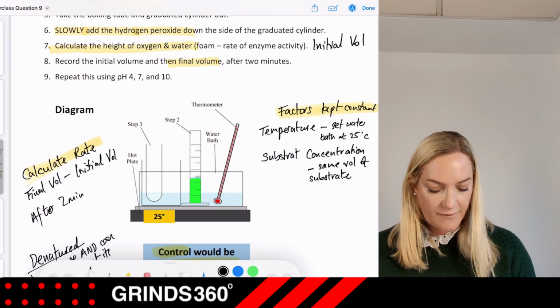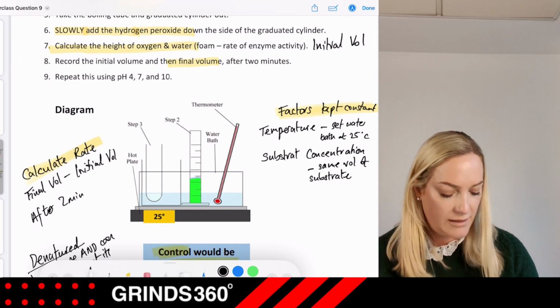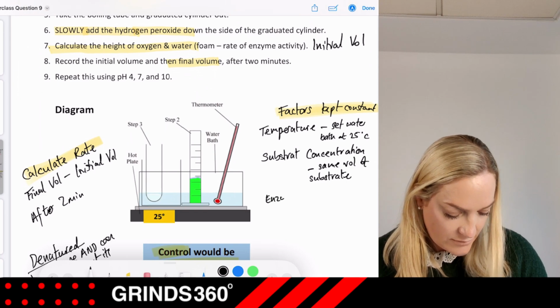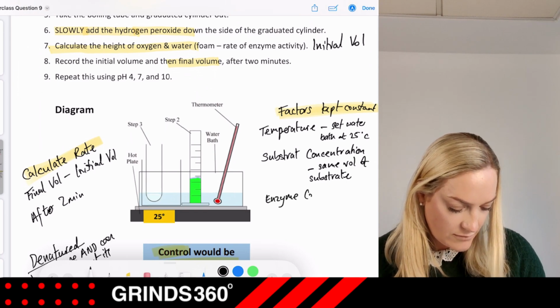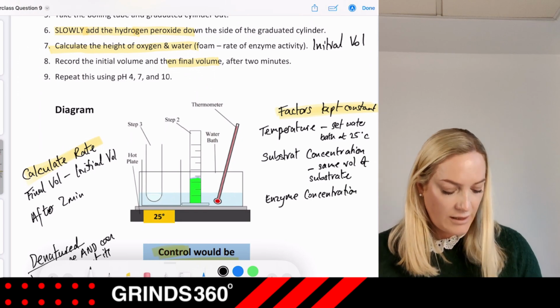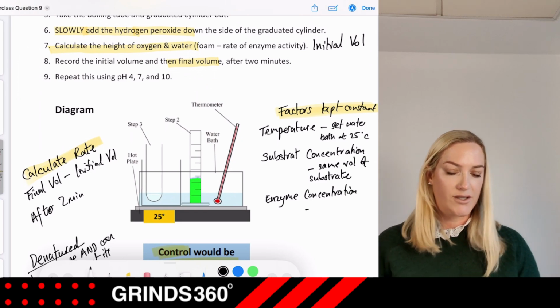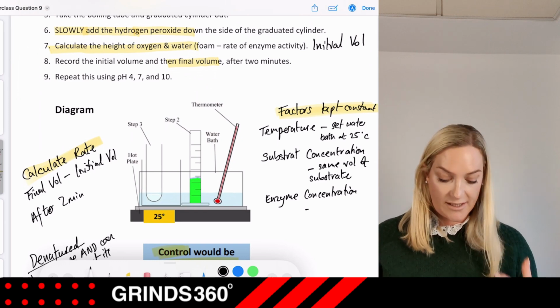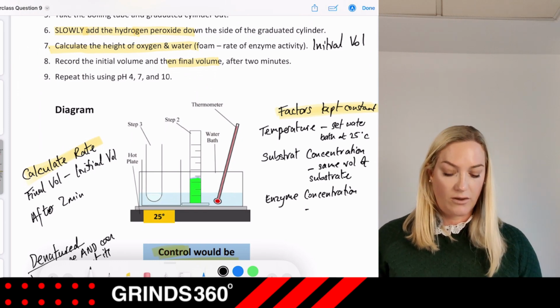The third factor that we keep constant is enzyme concentration. How do we keep the enzyme concentration constant? How do you keep the catalase volume constant? We use the same volume of enzyme.